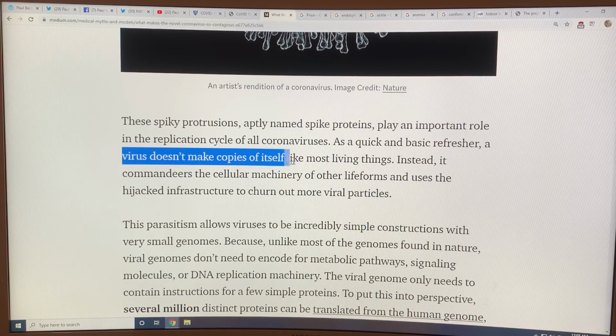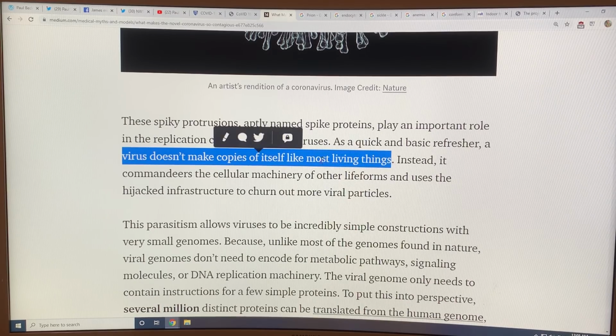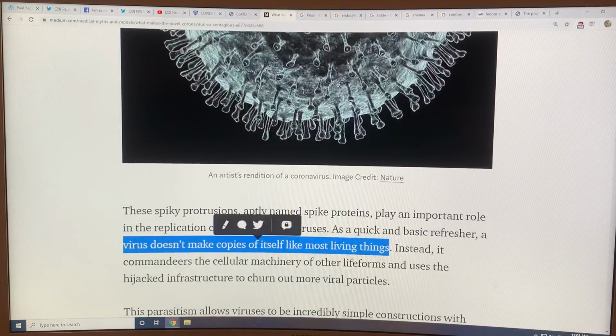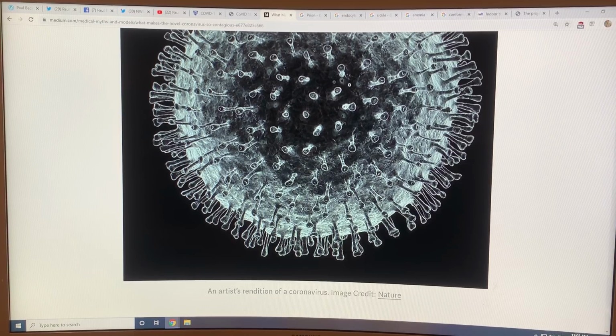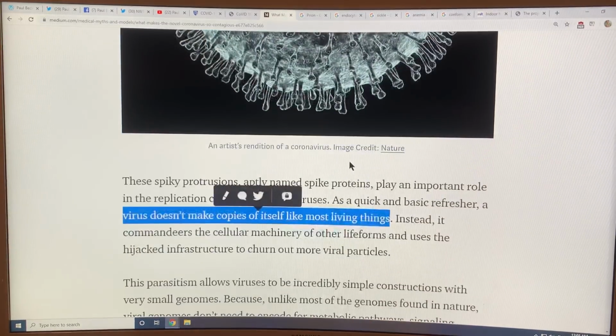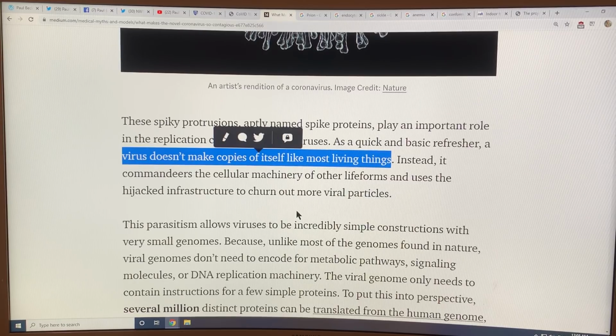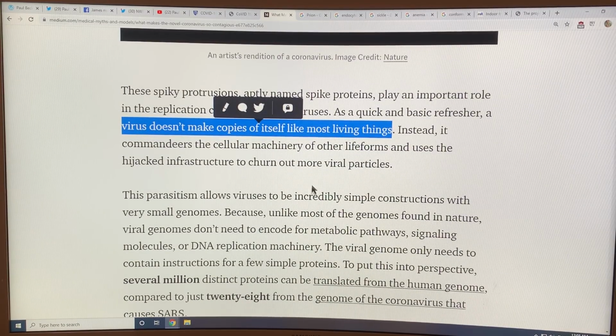It's a self-assembled collection. It's got a lipid outer surface, proteins in the lipids, and RNA, ribonucleic acid, inside, which is like one of the spirals in a DNA strand. And it's got the spike proteins which allow it to attach to the cells in the body.